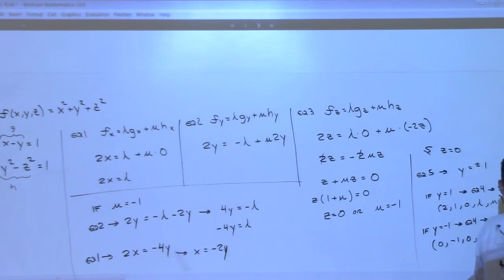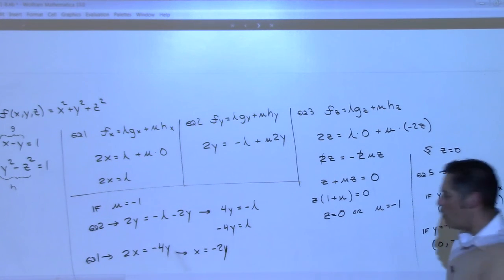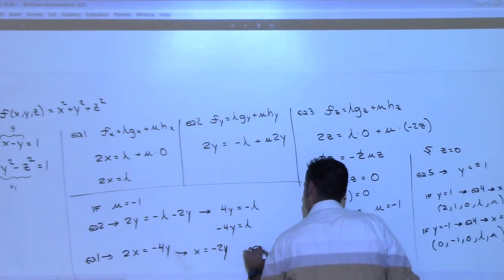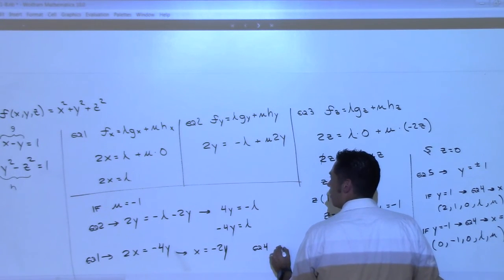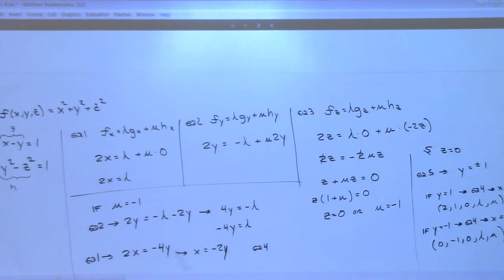Equation 4 would tell you, what's that? Did we know that x was 2? Equation 4, x equals 2. Where, here? No, no. This was all under the assumption that z was 0.